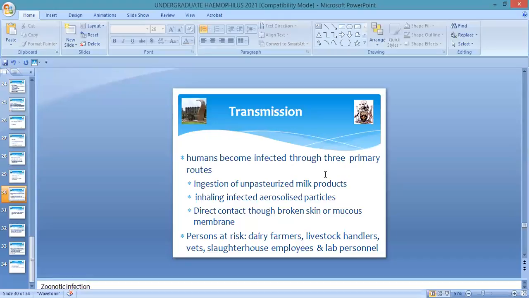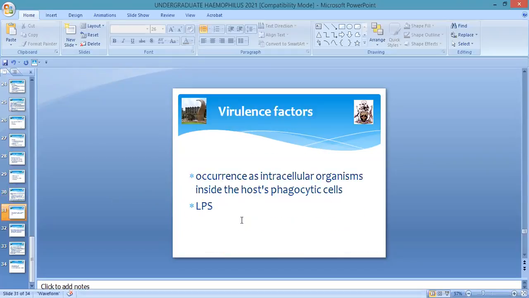Lab personnel, especially when they do not handle these specimens aseptically, can inhale the aerosols or get the infection through broken skin. If they are not using gloves to handle these specimens, they can easily get the infection.